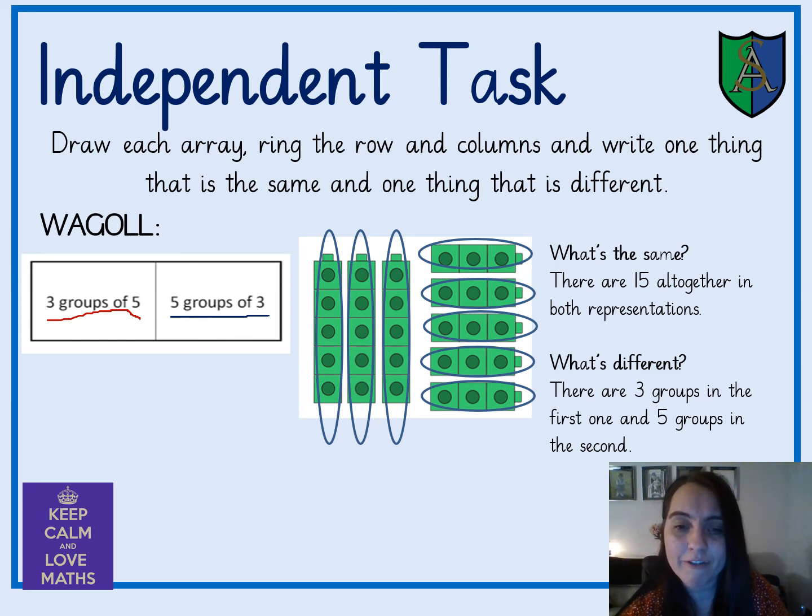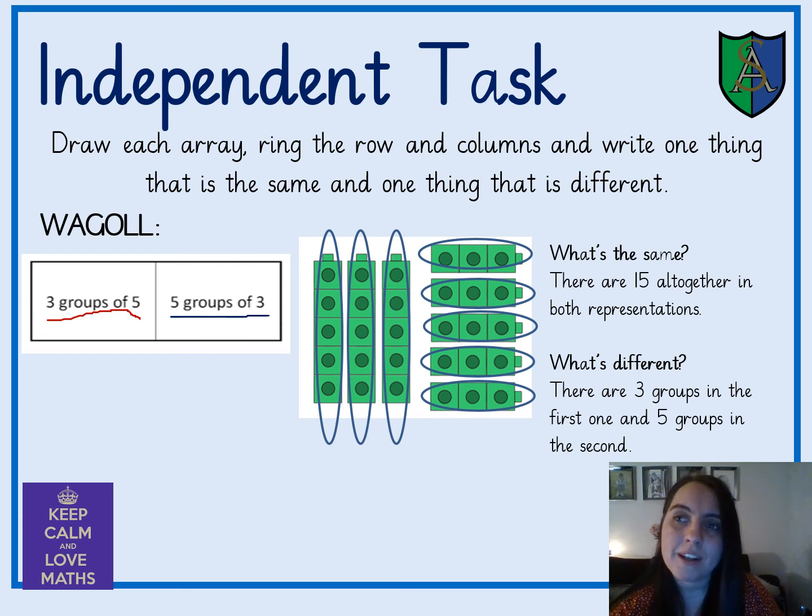Here I've got 5 rows with 3 cubes on each row. Okay. Now on your worksheet, you've got a space to say what's the same and what's different about your 2 representations that you have drawn, okay?